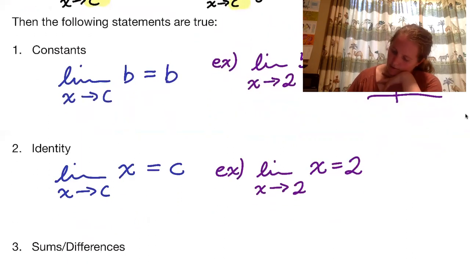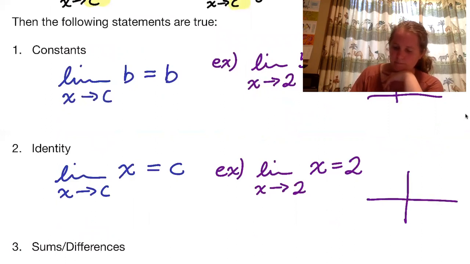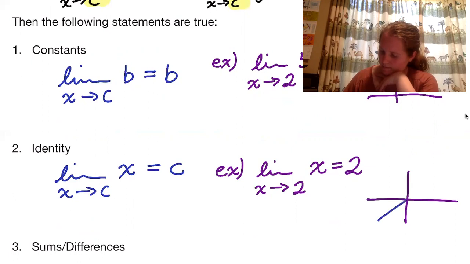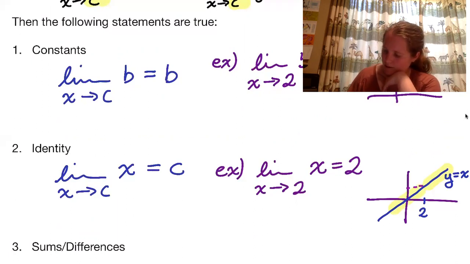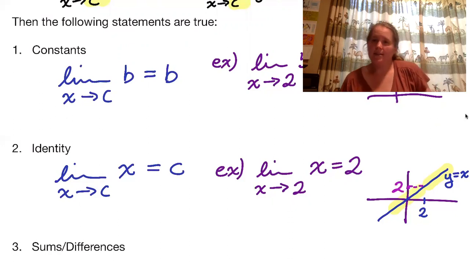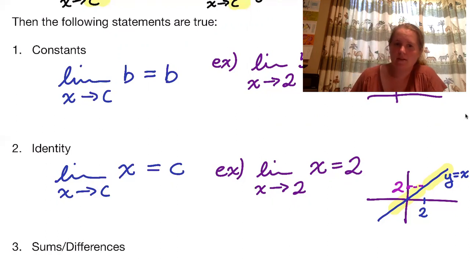So if we look at a graph of the function f of x equals x, we're looking at the equation y equals x. So here's 2. And as our x values approach x equals 2, the y values are approaching y equals 2. So since y equals x, it kind of makes sense that the limit would just go to whatever x value we are approaching.